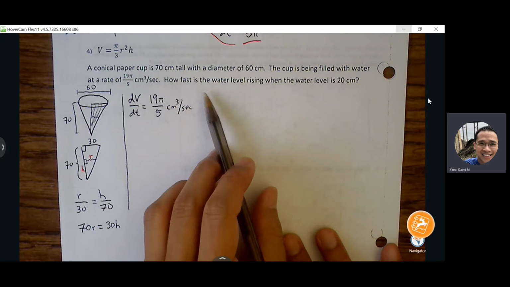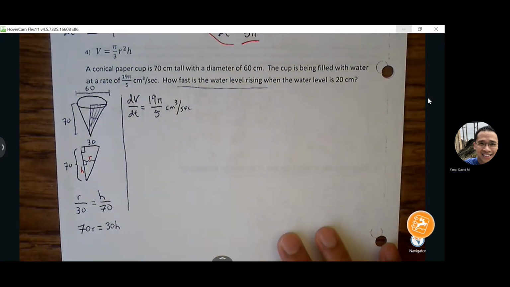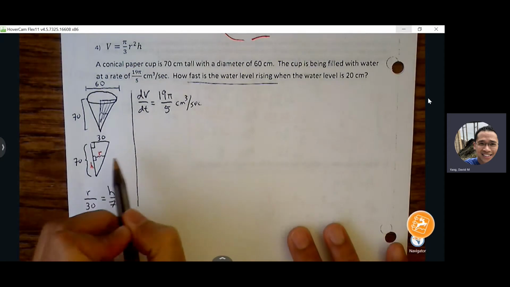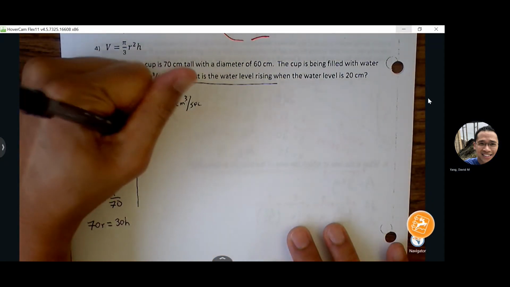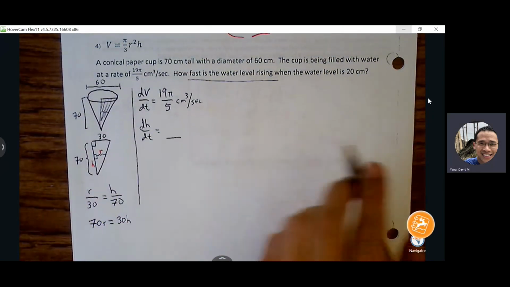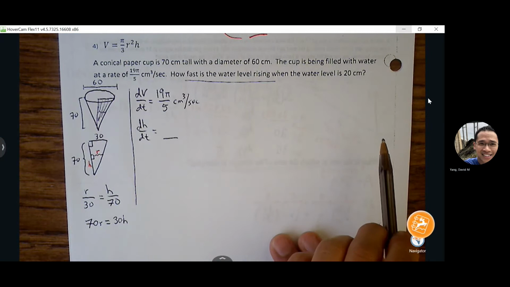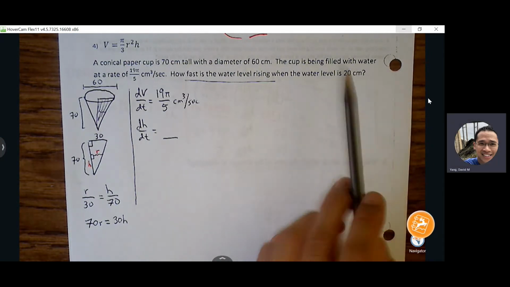Okay, how fast is the water level rising? Or I'll call it H, right? dH/dt, when the water level is 20 centimeters. H equals 20.